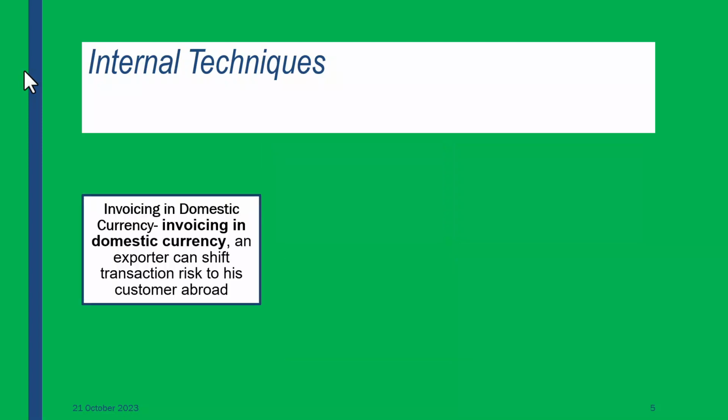So the other internal technique is invoicing in domestic currency. Yash, can you read? Invoicing in domestic currency: an exporter can shift transaction risk to its customer abroad. So here, instead of invoicing in dollars or pounds or any other currency, if you are sending goods to someone, you invoice in rupees.